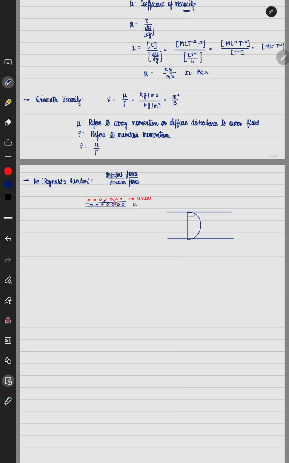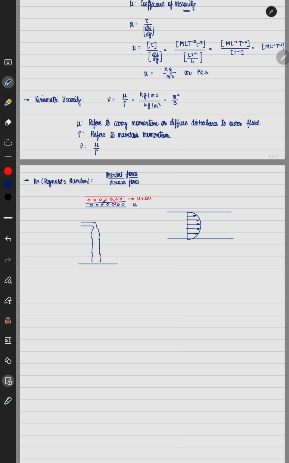Okay, so suppose there is some kind of base flow, or fluid is flowing, and the velocity profile is given by this. And now what we do, we introduce some kind of disturbance at any point. This you can more easily encounter in the example of a tap. Suppose we have a tap and fluid is flowing through it, and this is the floor.